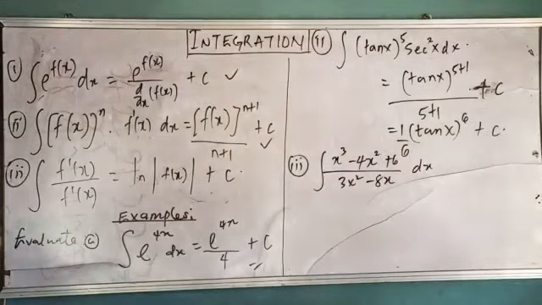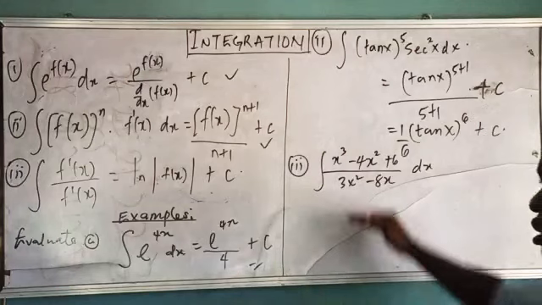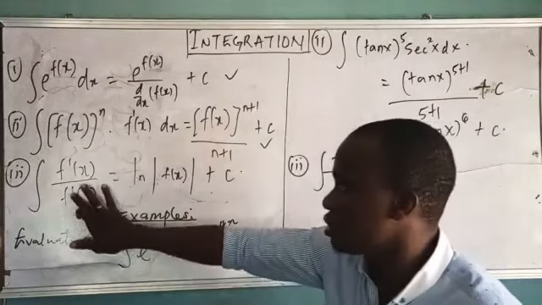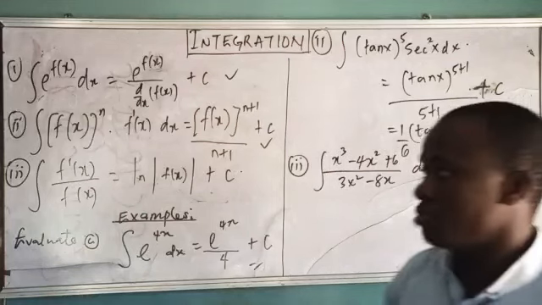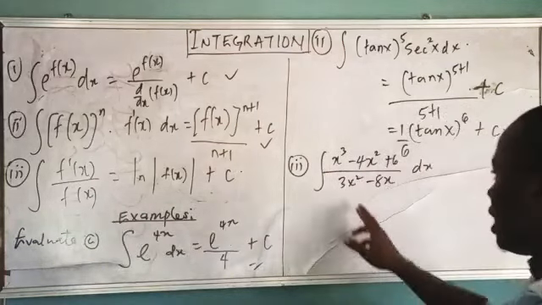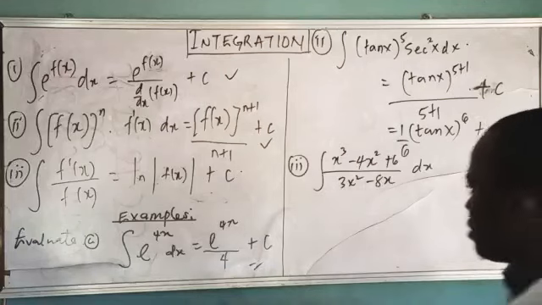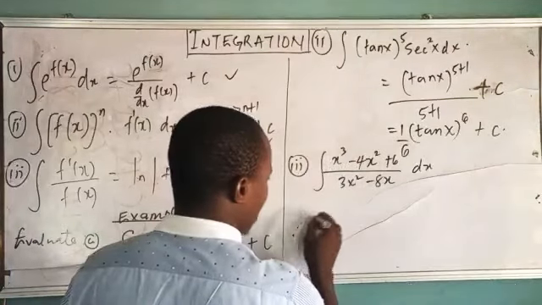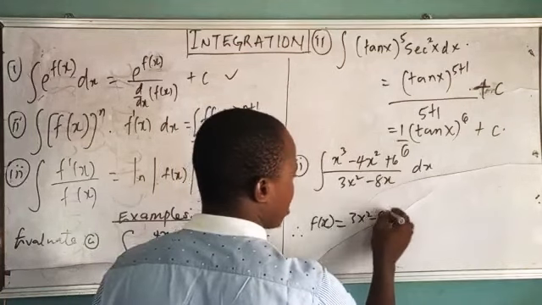Looking at this very well, look at the denominator. You can see the down one is f of x. No, I'm very sorry, this is f of x, not f prime of x. So let's say this one is f of x. Our f of x is 3s squared minus 8s.